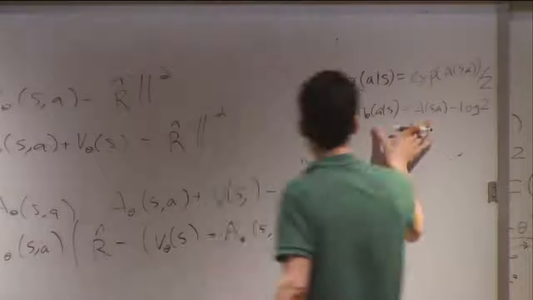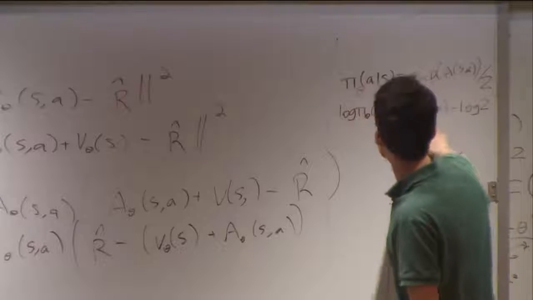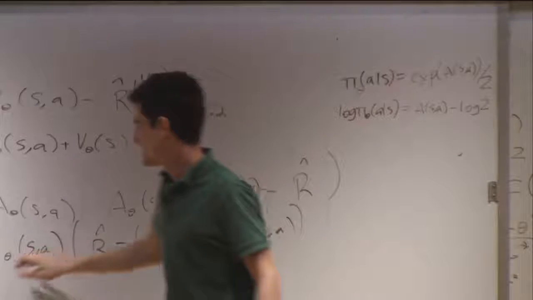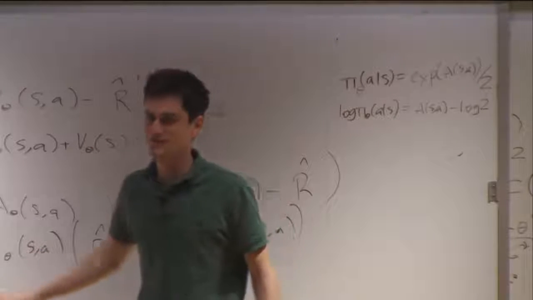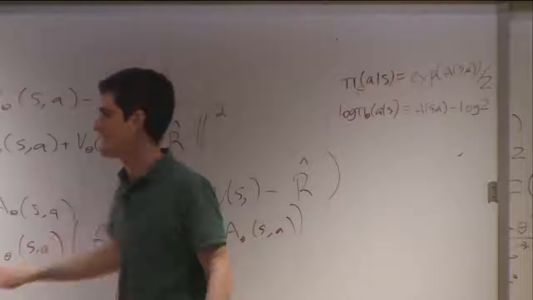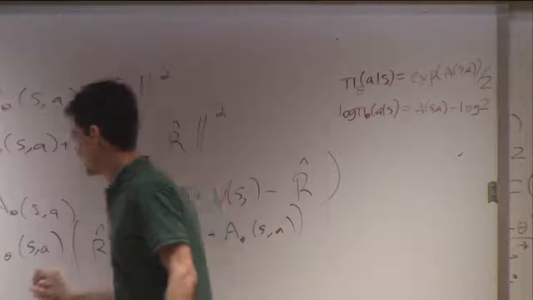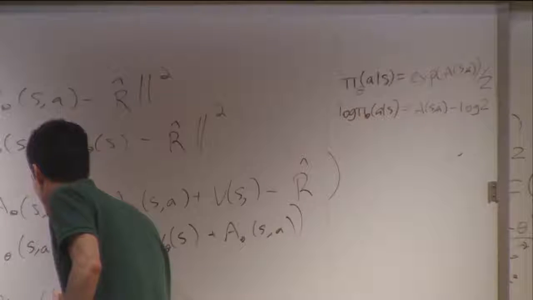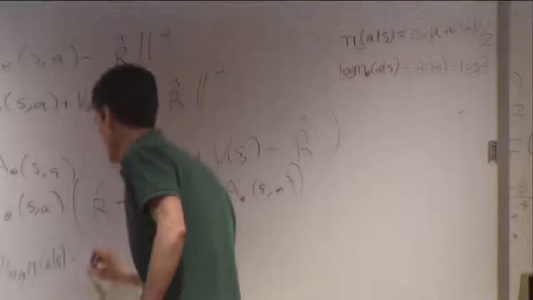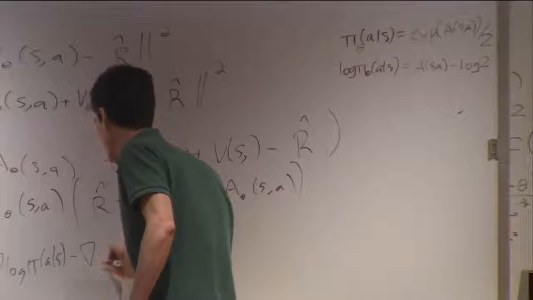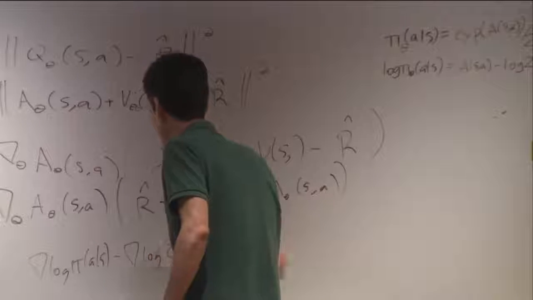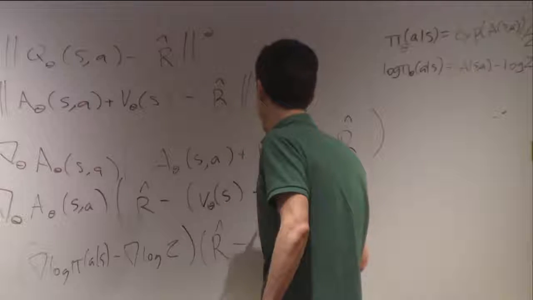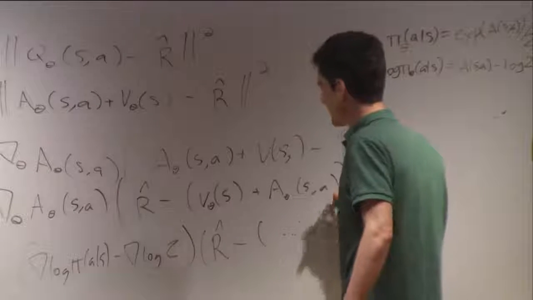If we write the gradient of the advantage with respect to the gradient of the policy that we're defining this way, then we end up with something like grad log probability of a given s, minus grad log Z, times reward minus this expression.